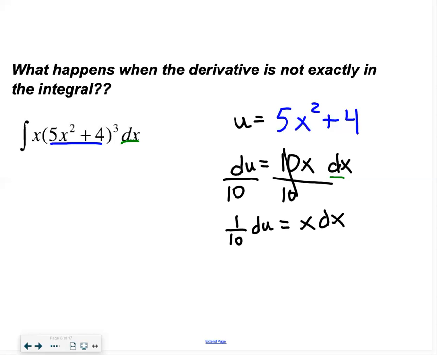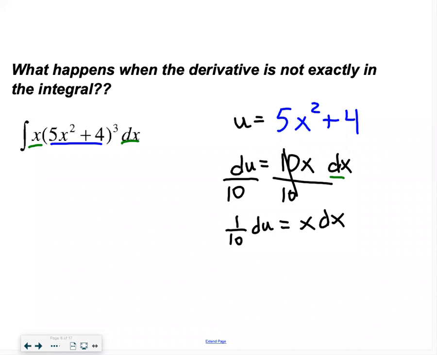Now it matches what's left in my original function. So if they don't match, there's some manipulation that you have to do to du. Sometimes you have to divide, sometimes you have to multiply, sometimes you have to throw in a negative on both sides. You just have to get it to match whatever's over here.